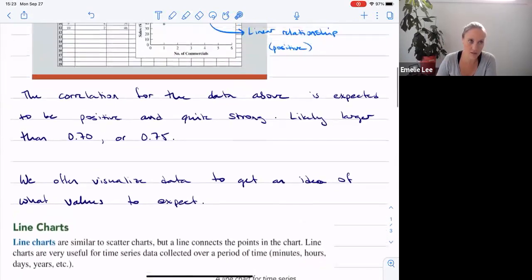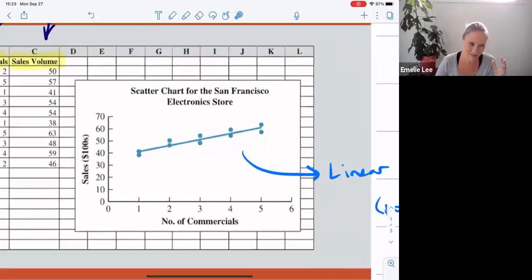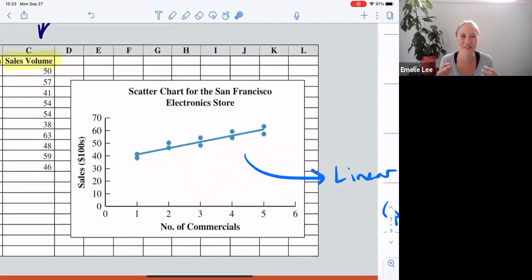Whereas here, if I scroll back up, and again, I'm just trying to please my computer so it doesn't do anything weird. Go nice and slow. Right.